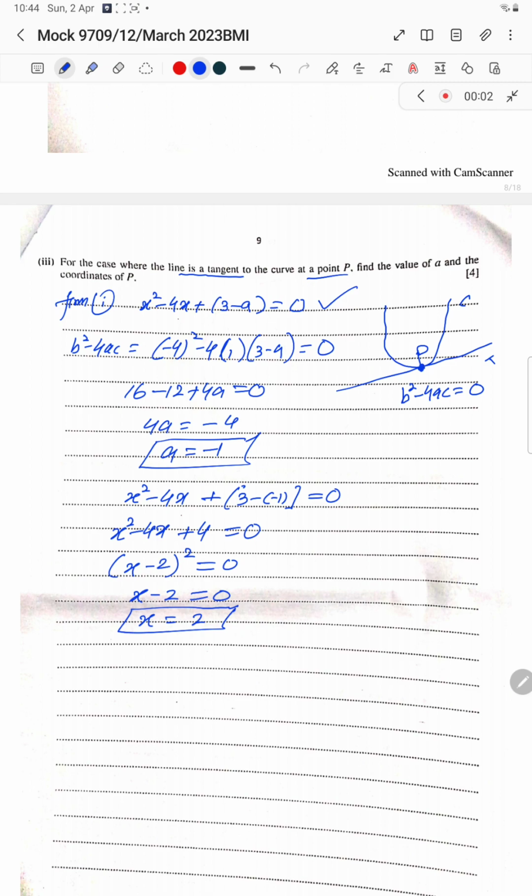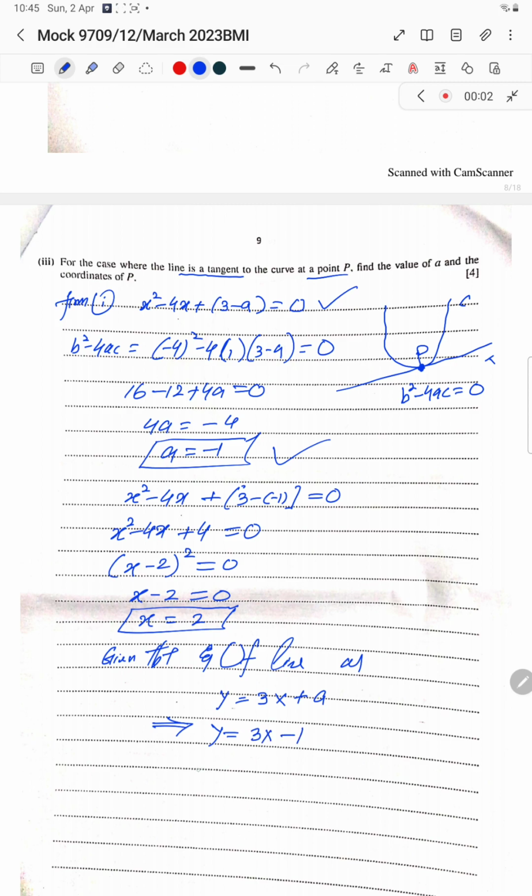Now replace this x coordinate in any one here, in the curve or the line. The equation of the line was y equal to 3x plus a, right? Here a we already got as minus 1, so we can say y equals 3x minus 1.